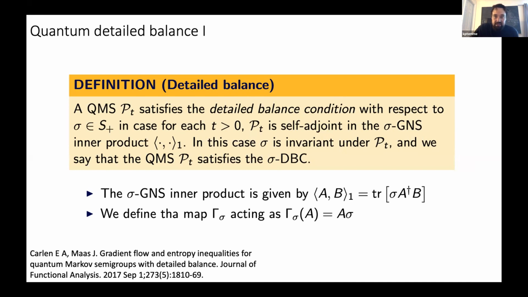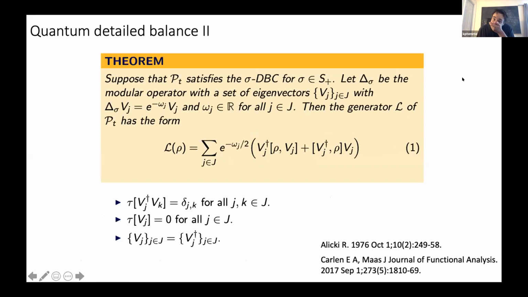The reason is that what we want to exploit is the fact that the generators that satisfy this sigma detailed balance property have a canonical form. So you can write the generator of a sigma detailed balanced evolution roughly in terms of the eigenvectors of the modular operator of the fixed point that you're looking at.